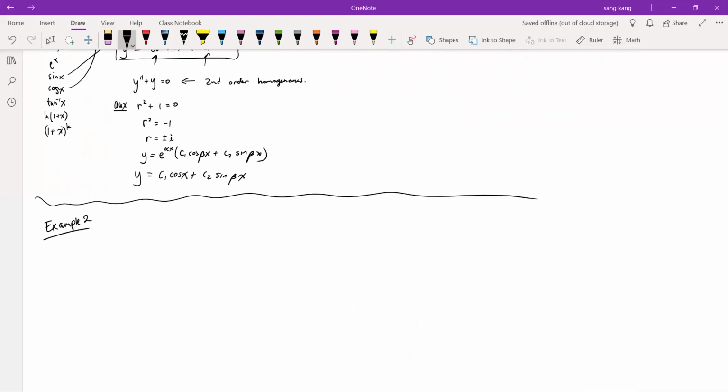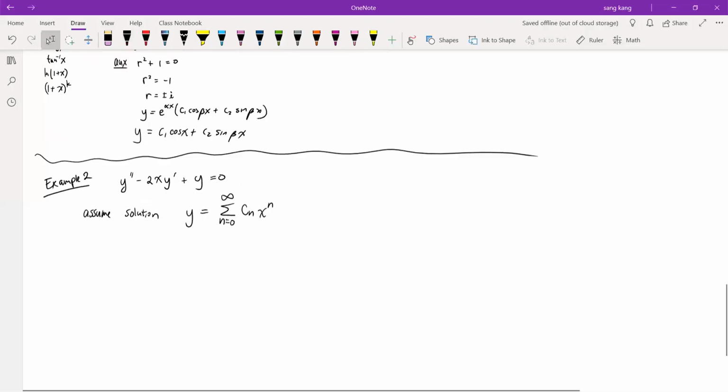So, y double prime minus 2x y prime plus y equals 0. Let's assume a power series solution. Now I'm going to skip writing out the expanded form of the power series. So we're going to need y prime and y double prime, right?